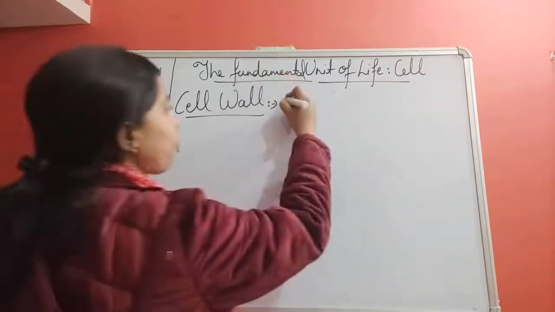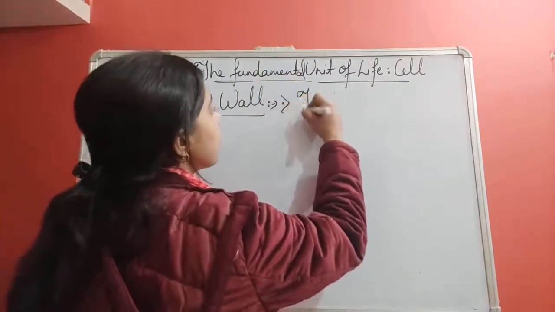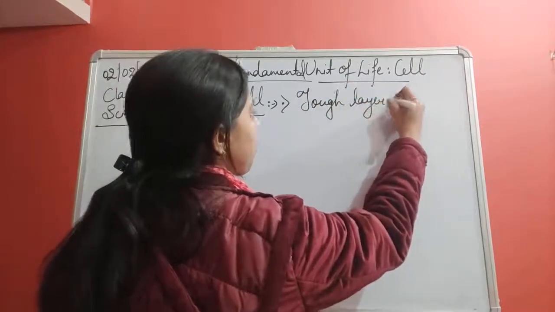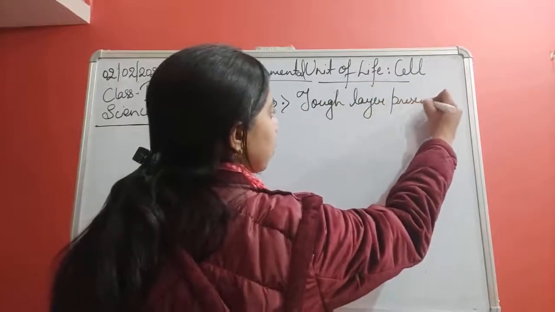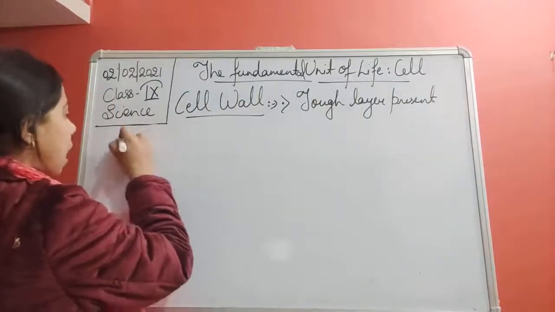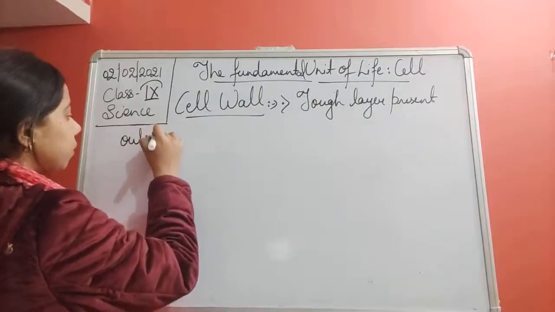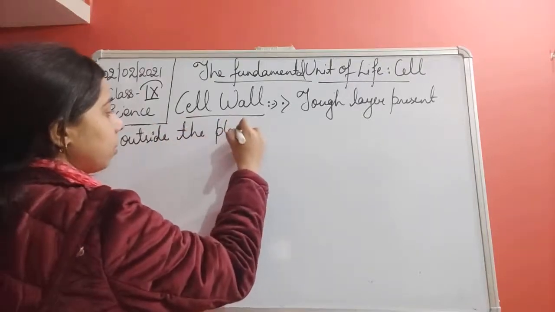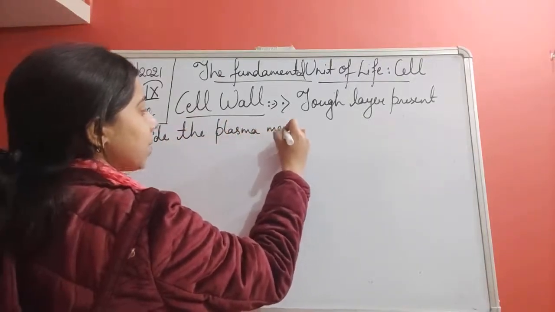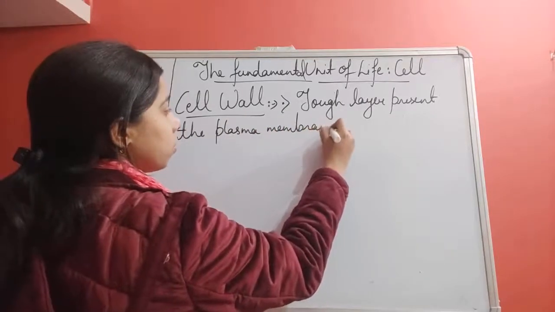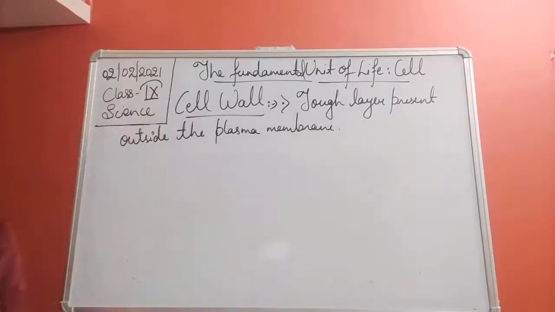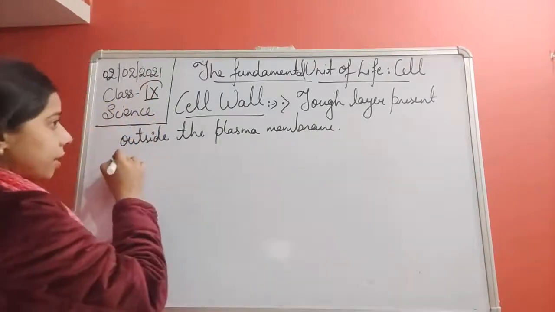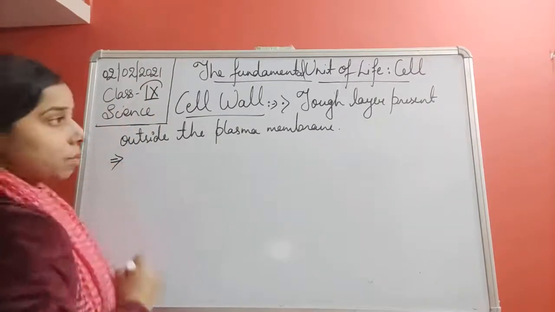So the first point that I will write about the cell wall is: it is a tough layer present outside the plasma membrane. So it is a tough layer which is present outside the plasma membrane.